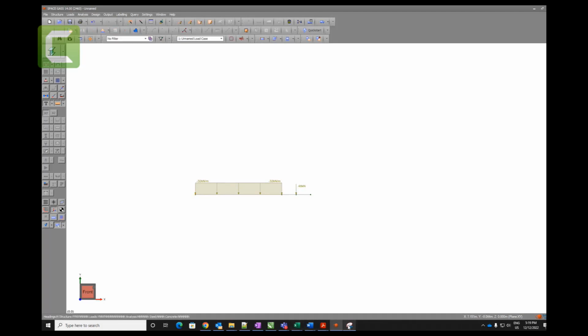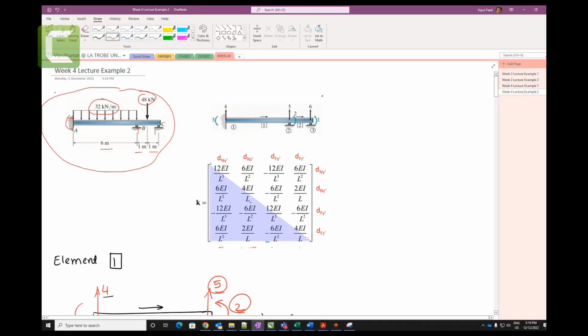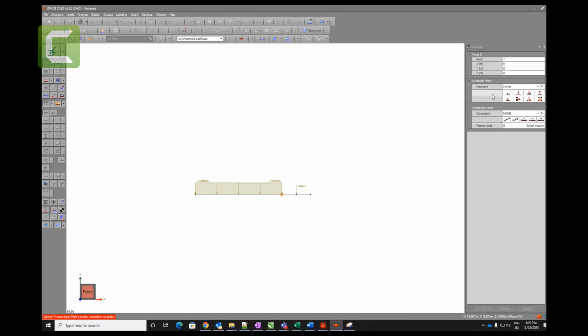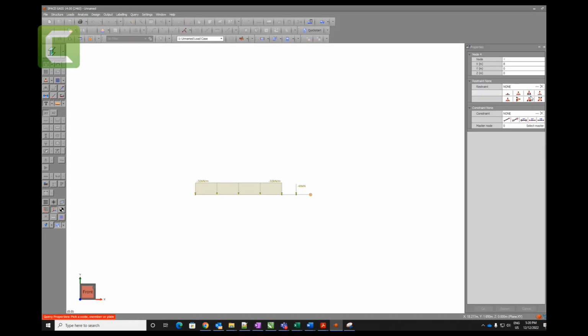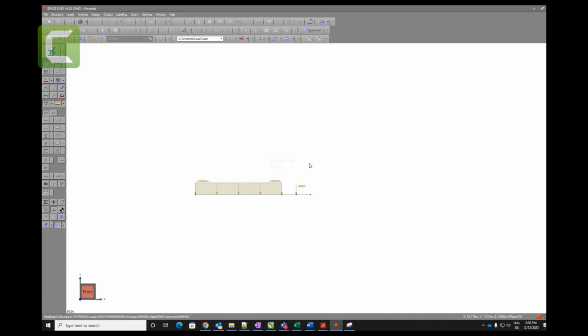Hit OK. And then you have roller supports, hit OK. And roller supports, hit OK. So then you can show these fixed supports, roller and roller here.